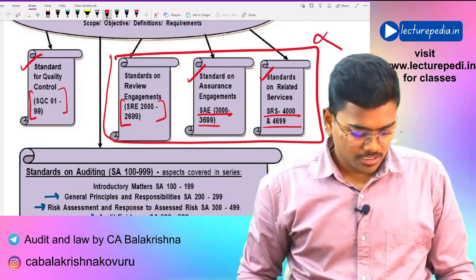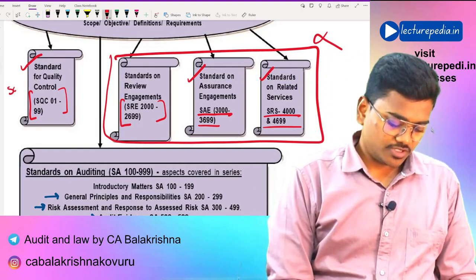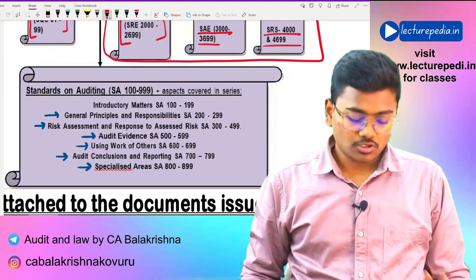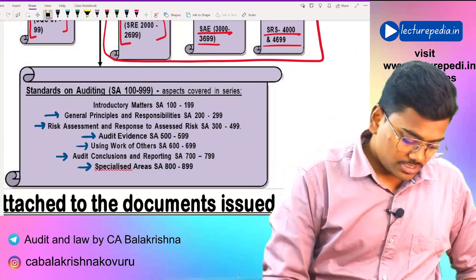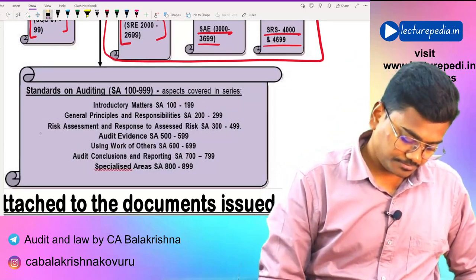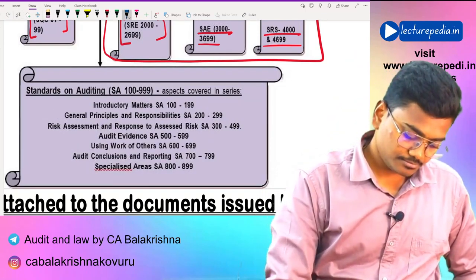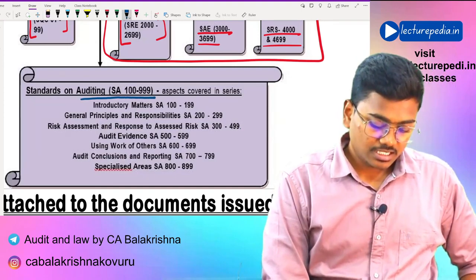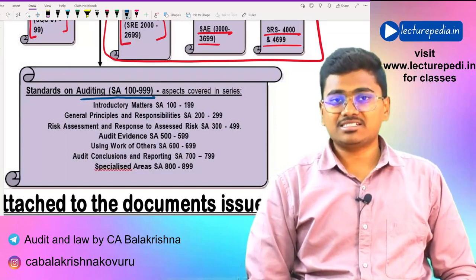In SQC we have SQC1. Coming to standards on auditing, they will be issued in the series SA 100 to 999.